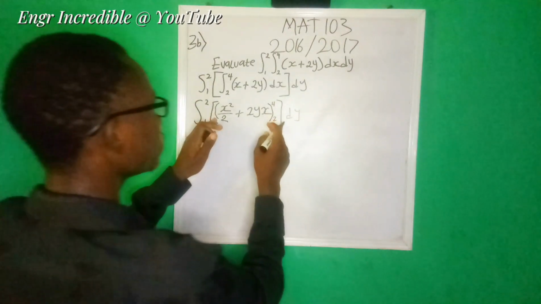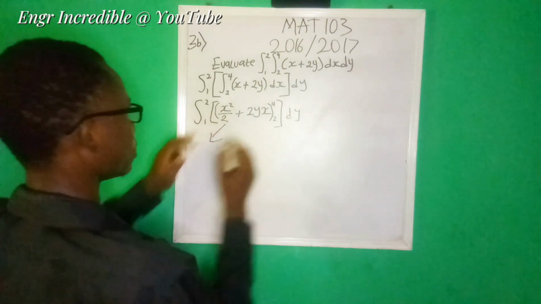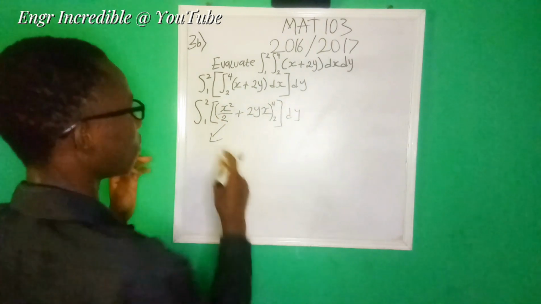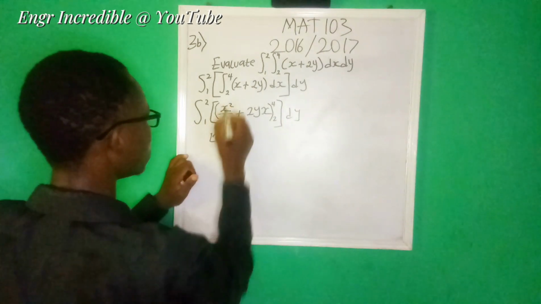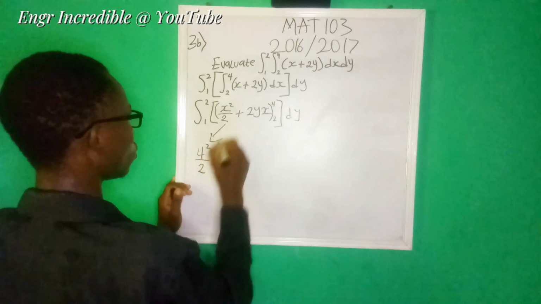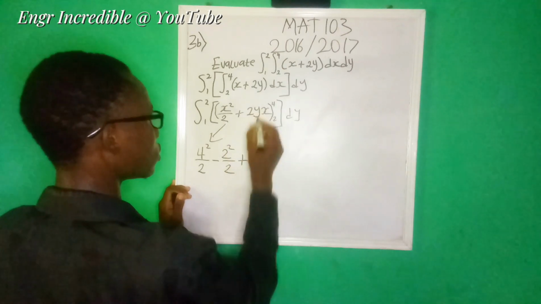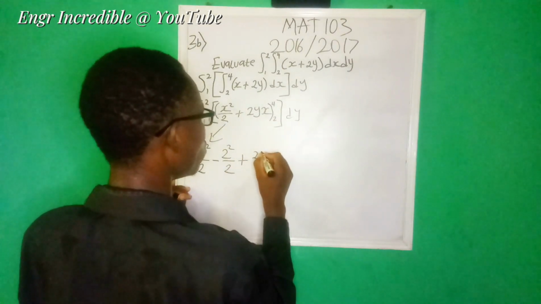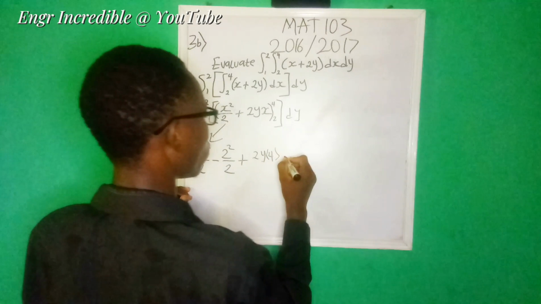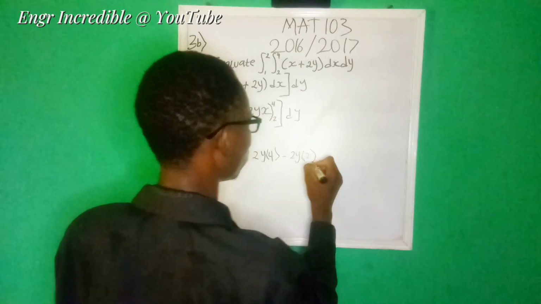Now solving the one inside the bracket, we take x equals 4 minus x equals 2. That means we'll have 4 squared over 2 minus 2 squared over 2, plus 2y times 4 minus 2y times 2.